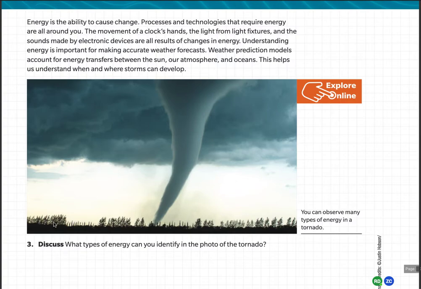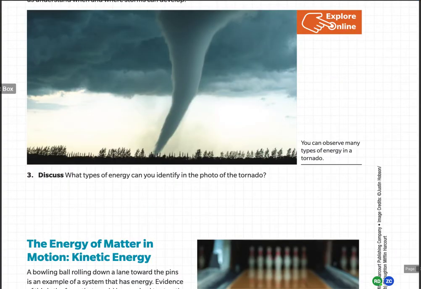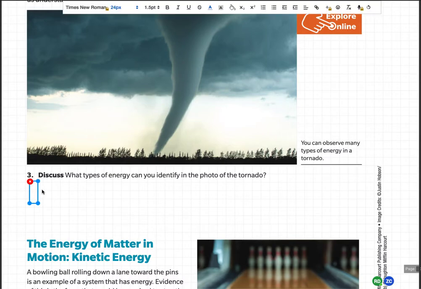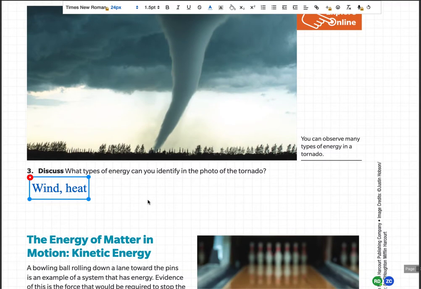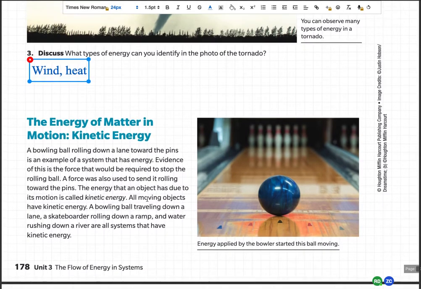There's wind energy, right? The trees are all kind of diagonal. So I'll say we have wind, we have heat. These things are part of weather. I'll leave it at that. Those are some things I can identify, maybe similar to what you would say.